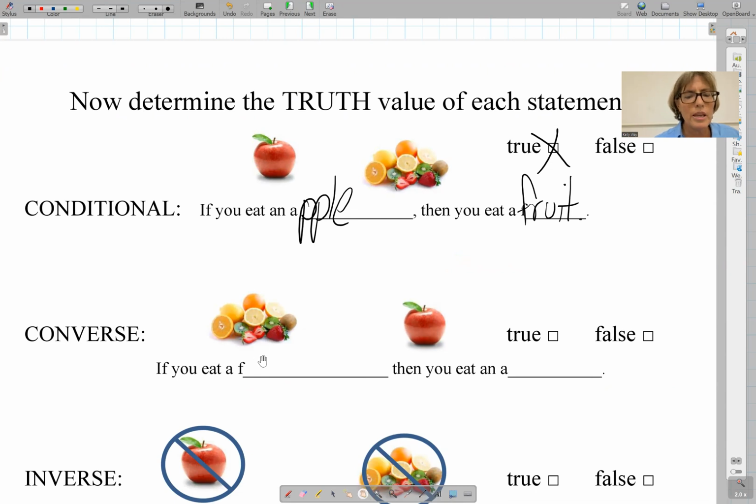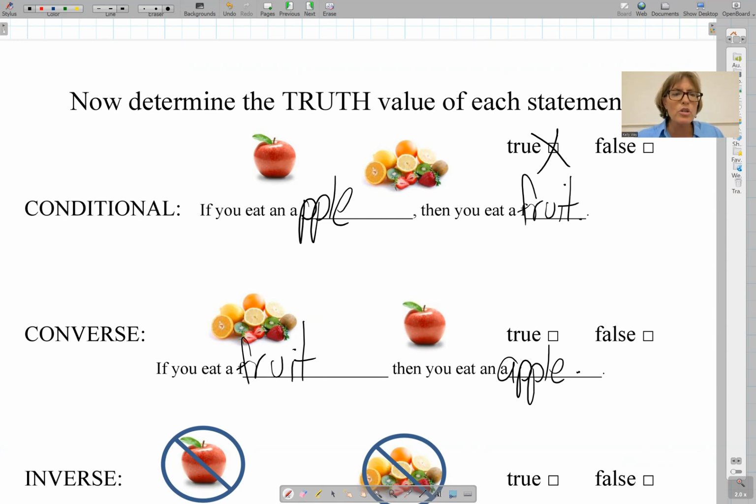Let's do the converse, the switch. If you eat a fruit, then you eat an apple. So if you tell someone, I've got a piece of fruit packed in my lunch, they pull it out, they start eating, and they have to be eating an apple. Is that a true statement? No, it's not. They can have a banana in their lunchbox, or a peach, or a plum.